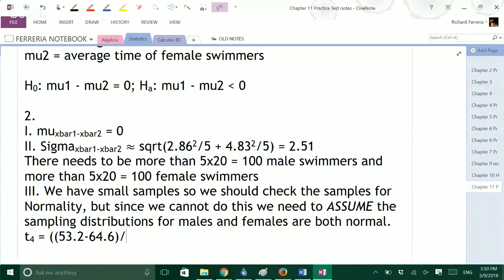Technically, we should be subtracting 0 since that's our null hypothesis. We have to divide that by our sigma, x bar 1 minus x bar 2, which is 2.51. It gives us negative 4.542. That's our test statistic.